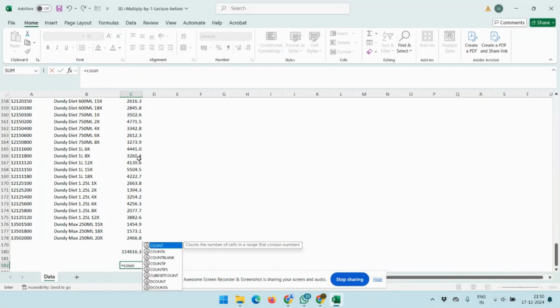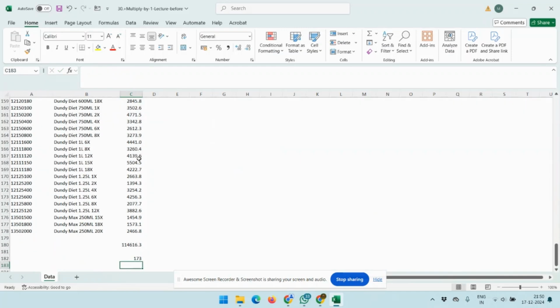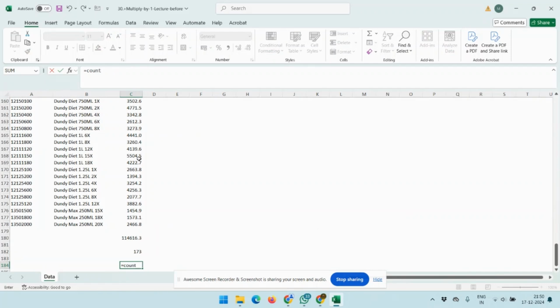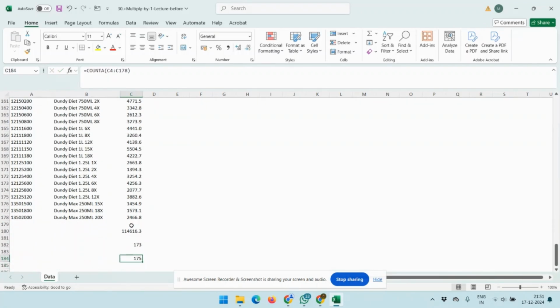If we use the COUNT formula, it's showing only 173, but when we use COUNTA, it's showing 175 values.